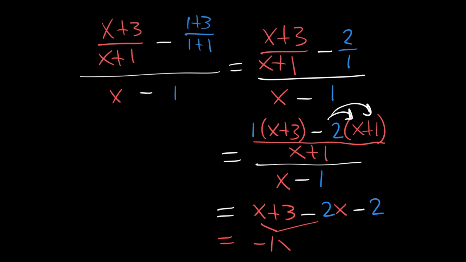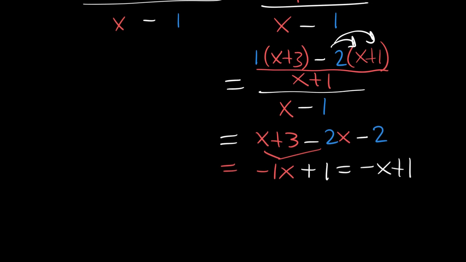So, oops. X. 3 minus 2 is 1. So that would be plus 1. And that's equal to negative x plus 1. And if I continue on, that's just the numerator.